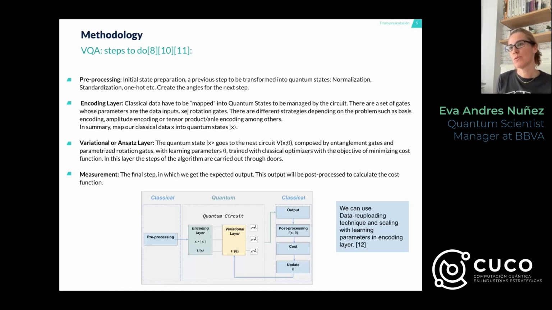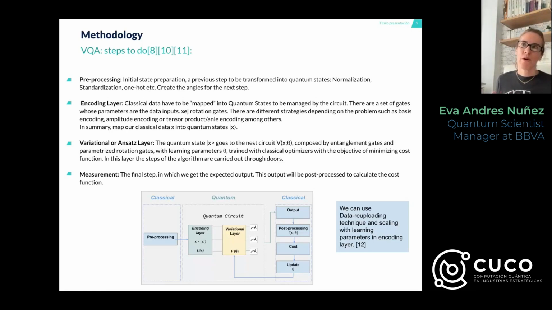So we have to calculate the cost function, or the policy in the case of reinforcement learning, and optimize the parameters using a gradient-free or gradient method, of course. This is an iterative process very similar to the classical neural network, but here the iteration happens between the classical hardware and the quantum hardware. This is the difference.